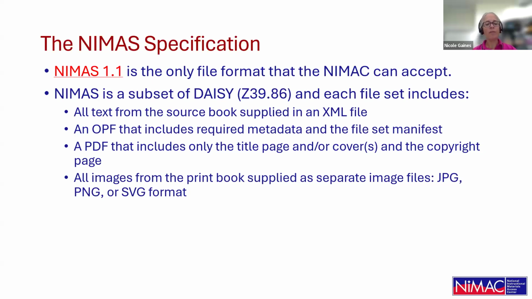There's also a PDF that includes only the title page, and/or covers and the copyright page. That is for file identification purposes only, not used in the production of accessible formats. And then finally, all of the images from the source material are provided as separate image files in either JPEG, PNG, or SVG format.